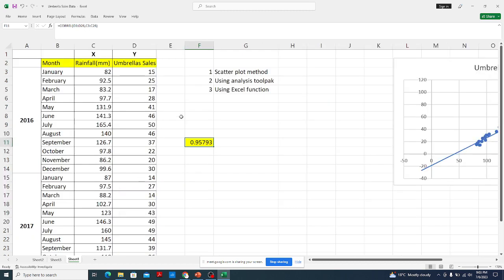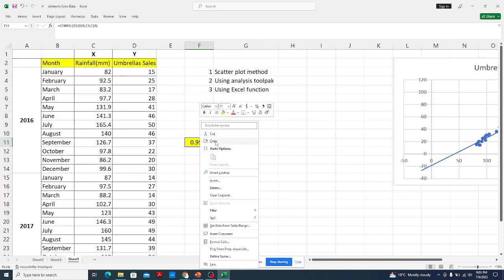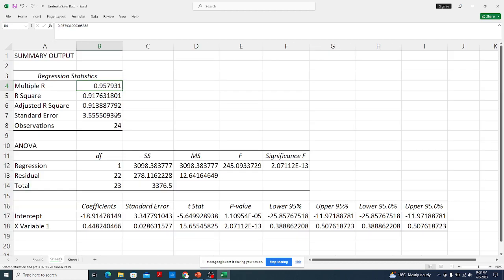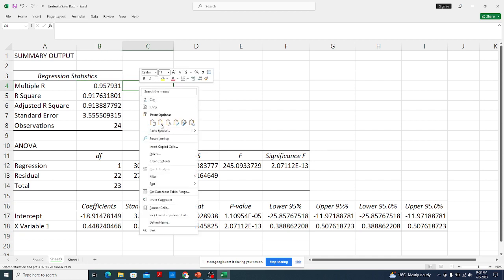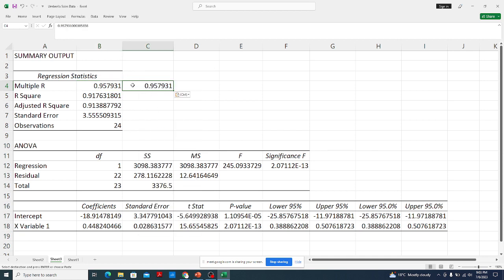Maybe I can just copy this value to here. You can see it is the same value which we got. So basically this shows us how these two variables are correlated.